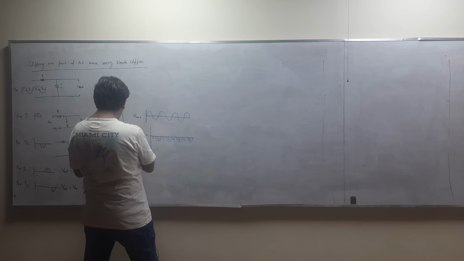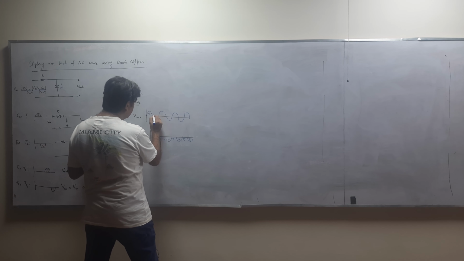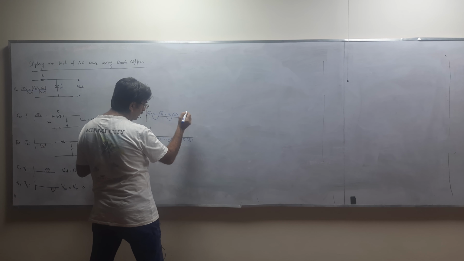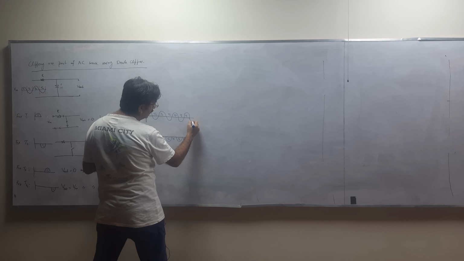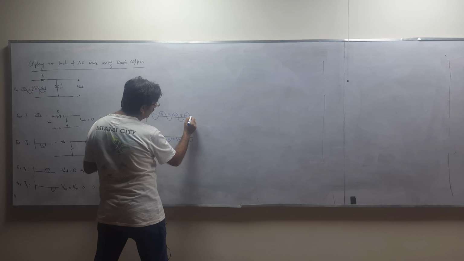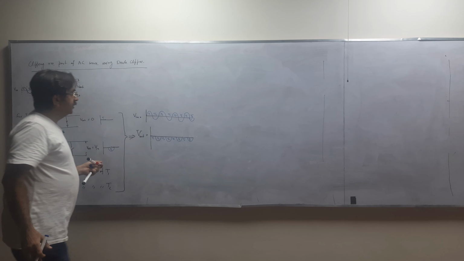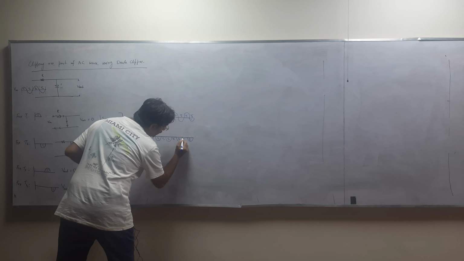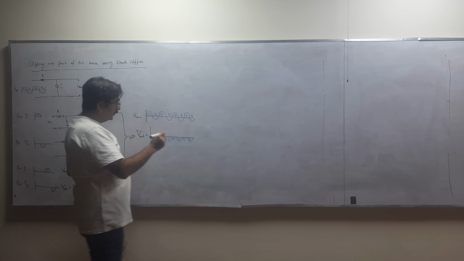This was the input wave, from T1 to T8. So the sine wave which is coming will be converted into this type of wave. It will clip the positive part, the complete positive part of the AC wave.